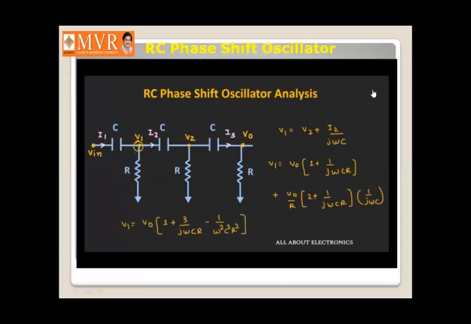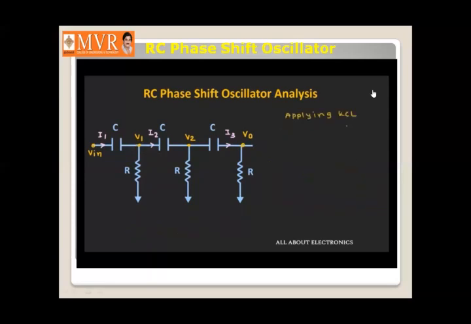Similarly, by applying the KCL at this node V1, let us find out the expression of I1 in terms of this output voltage Vout. So applying KCL at this node, we can write current I1 will be equal to V1 by R plus this current I2.